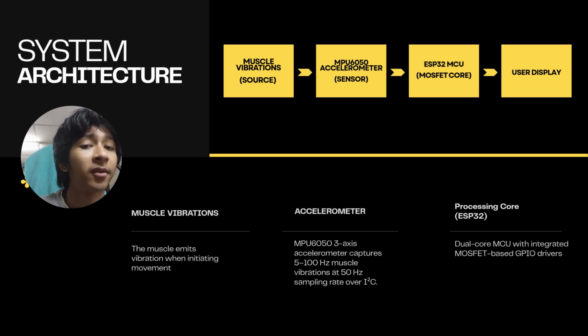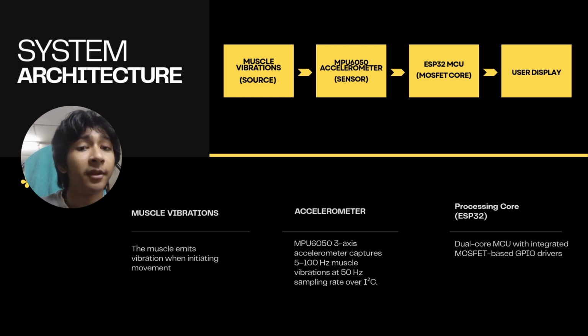The data from the accelerometer will then be passed to the ESP32, and this is when our MOSFET usually plays a big role. If you haven't known, most microcontrollers usually come with a built-in or integrated MOSFET, and this MOSFET will play a critical role. In our case here, the one that's most significant is the GPIO drivers.